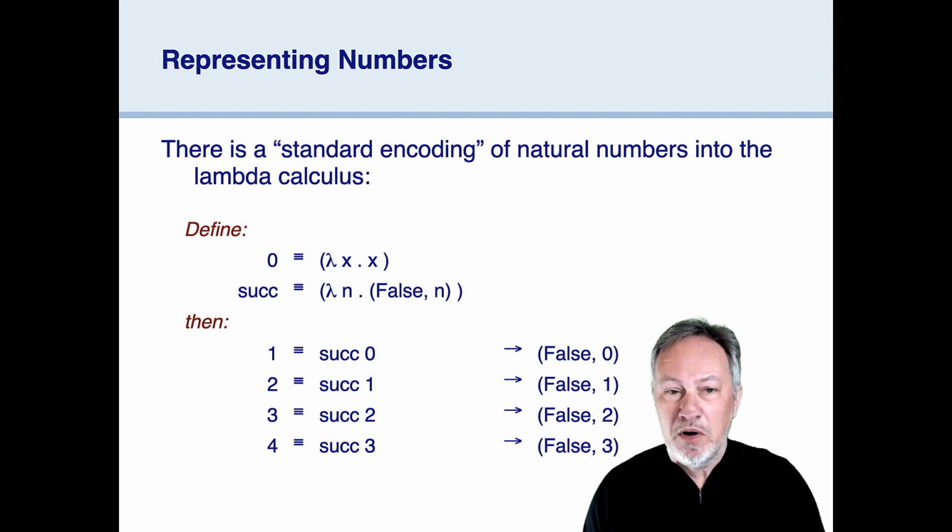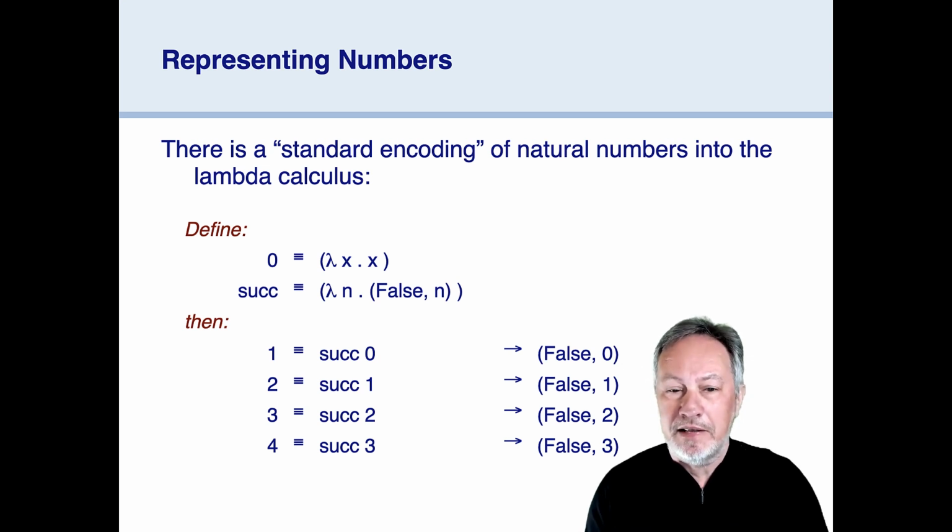So in order to model numbers, we need the number 0, and we need a way of creating a successor of a number. So we'll represent 0 as the identity function, lambda x.x, and the successor function as the function that takes a number n and returns the pair consisting of the value false followed by the number n.